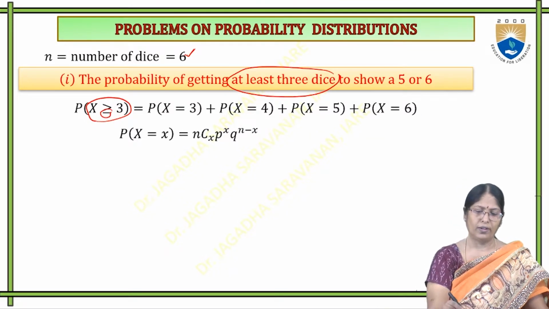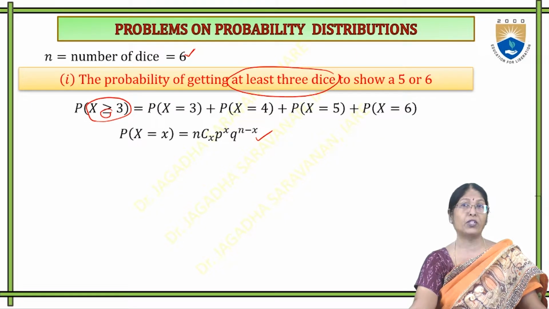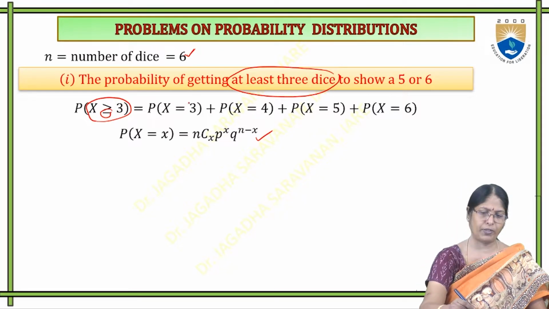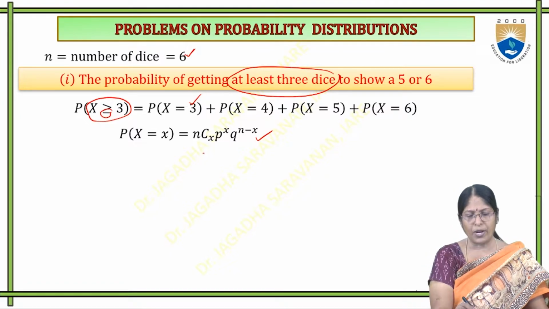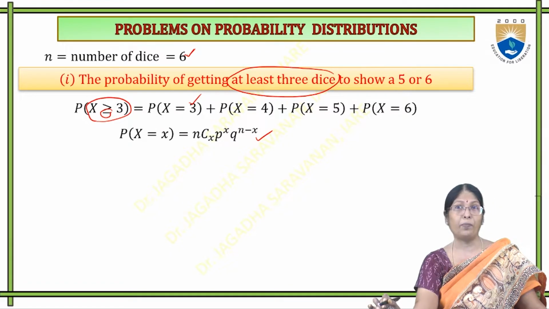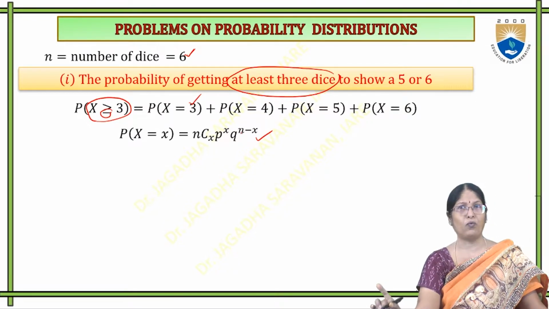Now, the binomial distribution formula is nCx p power x q power n minus x. The notation x is the specific target. Here the specific target is when x equals 3. In the binomial distribution, x plays a role in 3 places, n in 2 places, p in 1 place, q in 1 place.